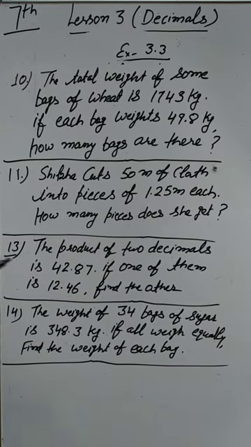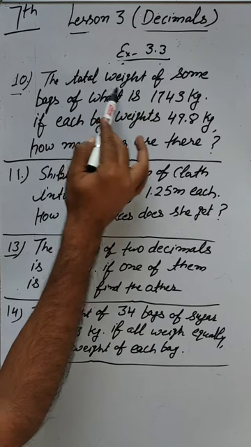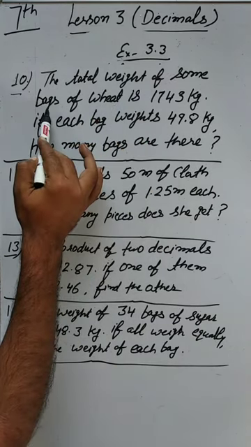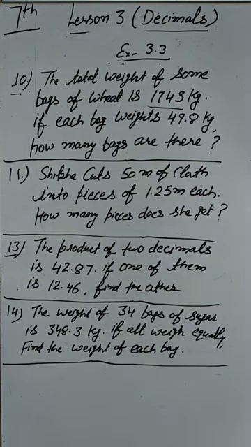Yes beta, these are the pending questions of exercise 3.3, word problems. You have to try these by yourself. Now beta, question 10: the total weight of some bags of wheat is 1743 kilograms.